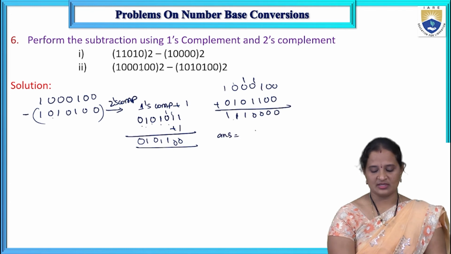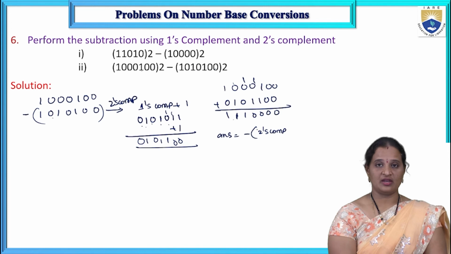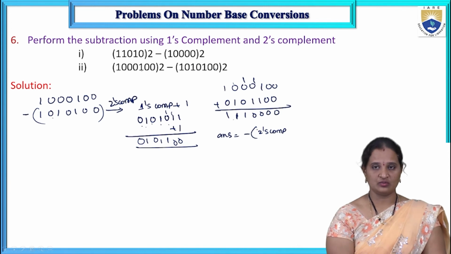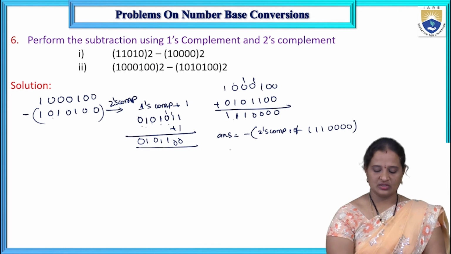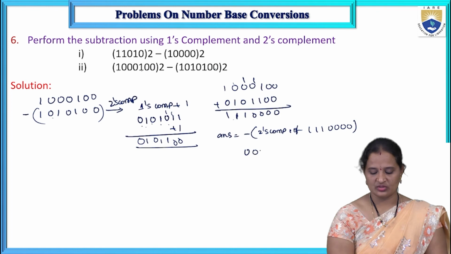So the final answer is minus the 2's complement of the result, because we are using the 2's complement. So again I need to find out the 2's complement of 1 1 1 0 0 0 0. So the 1's complement is 0 0 0 1 1 1 1 plus 1.